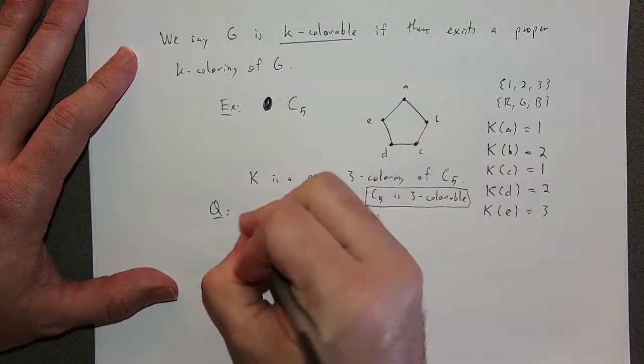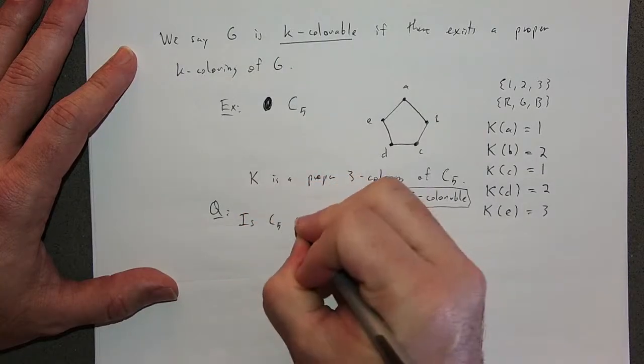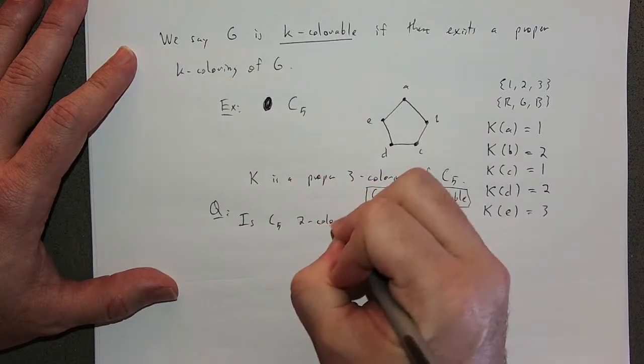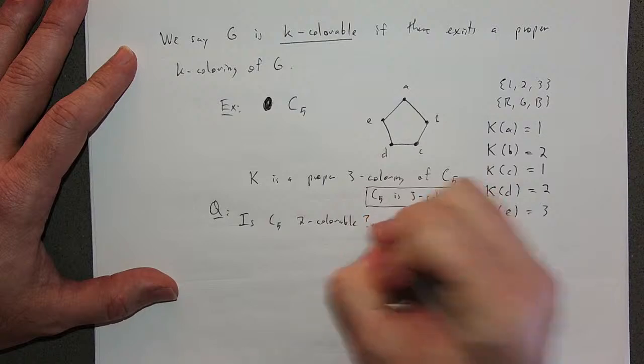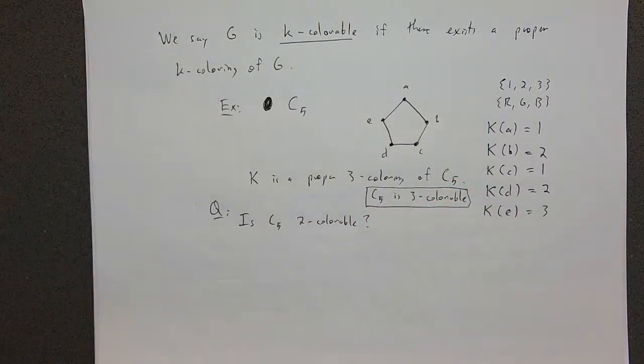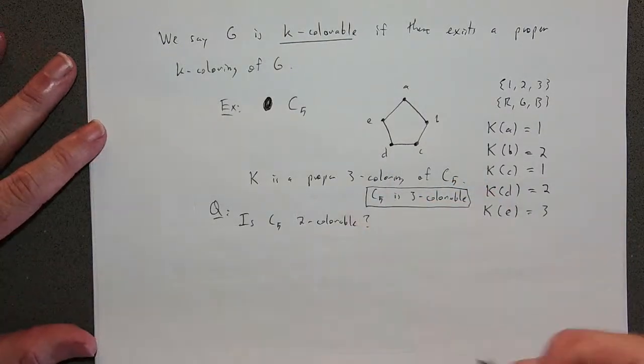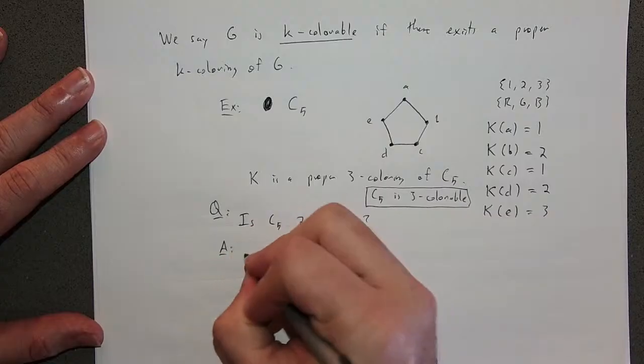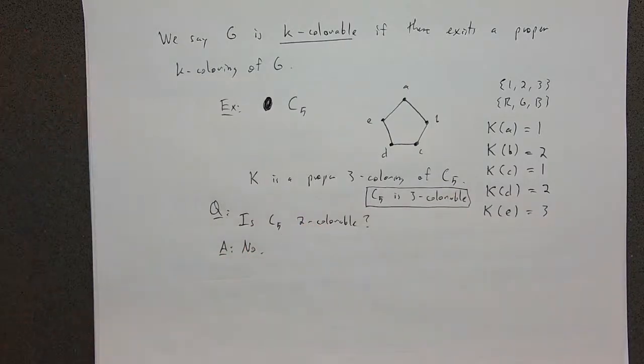Question, is C5 2 colorable? So is it possible to use just 2 colors to come up with a proper 2 coloring? And the answer is no. The reason for that is exactly this thing that happened to us when we got to vertex E, right?